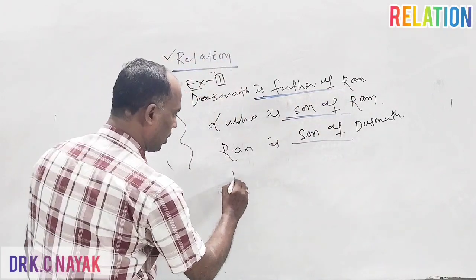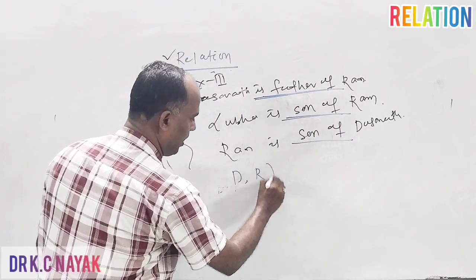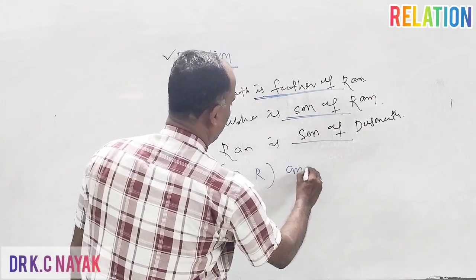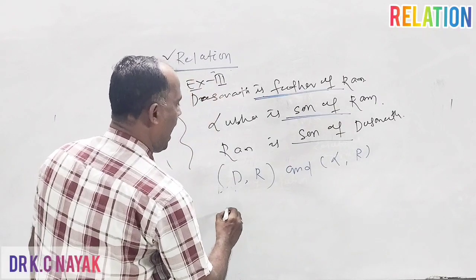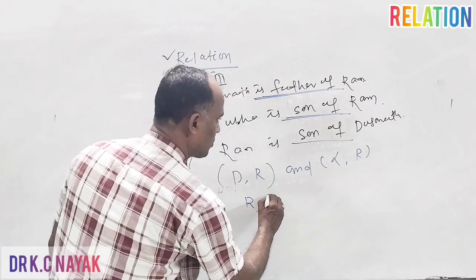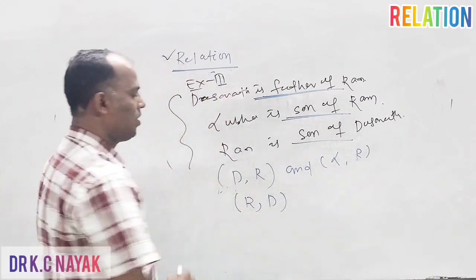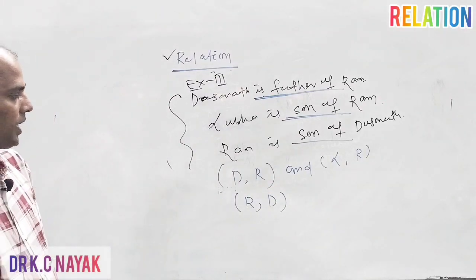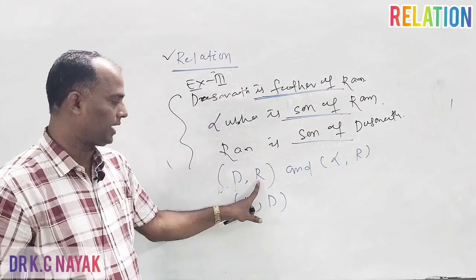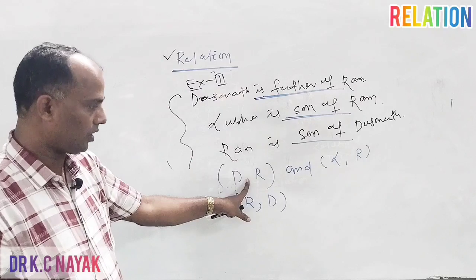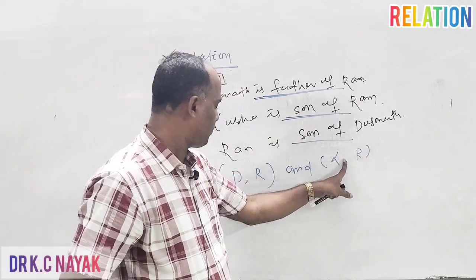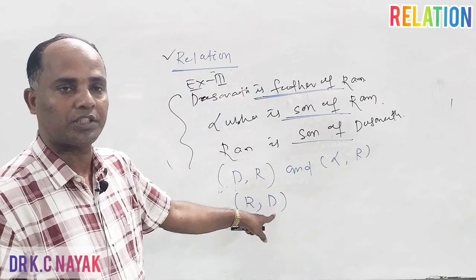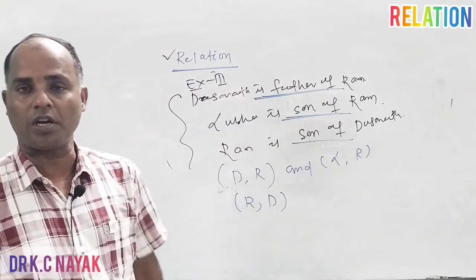That means Dasharatha, Rama, and Lava, Rama, and Rama and also Dasharatha. From these ordered pairs, Dasharatha is associated with Rama with father of, Lava is associated to Rama with son of, Rama is associated to Dasharatha with also son of.